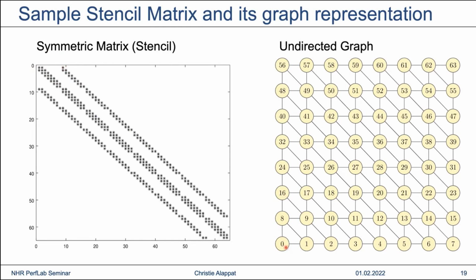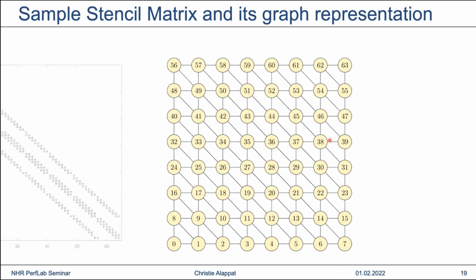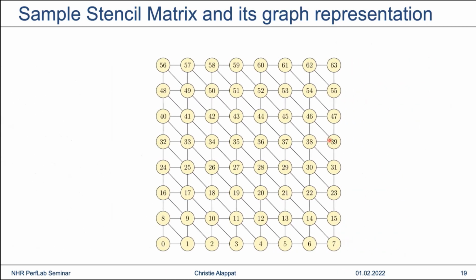In the graph, we see vertex 0 is connected to 1 and 8. So both of these store the same information. Any operation on a matrix can be directly translated to an operation on the graph and vice versa. But for problems like coloring or the RACE approach that we will see in a moment, it's easier to work with the graph. So I stick to this graph approach.